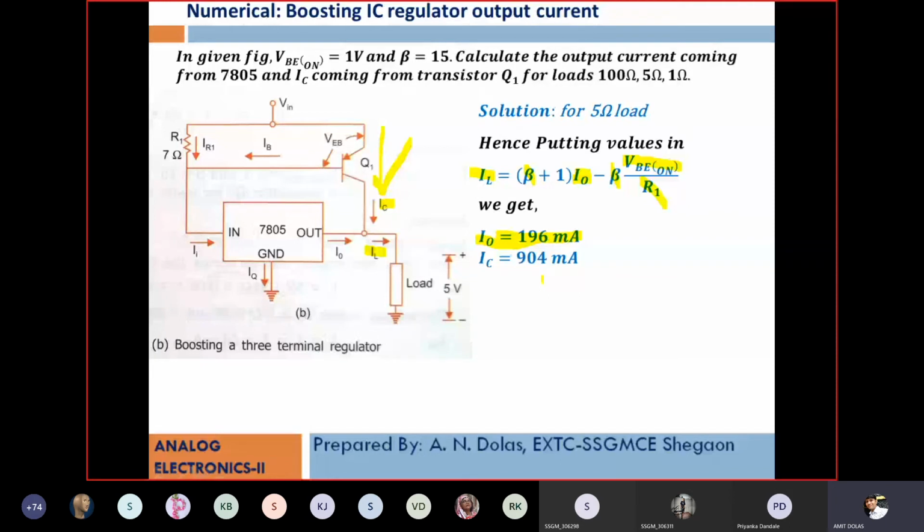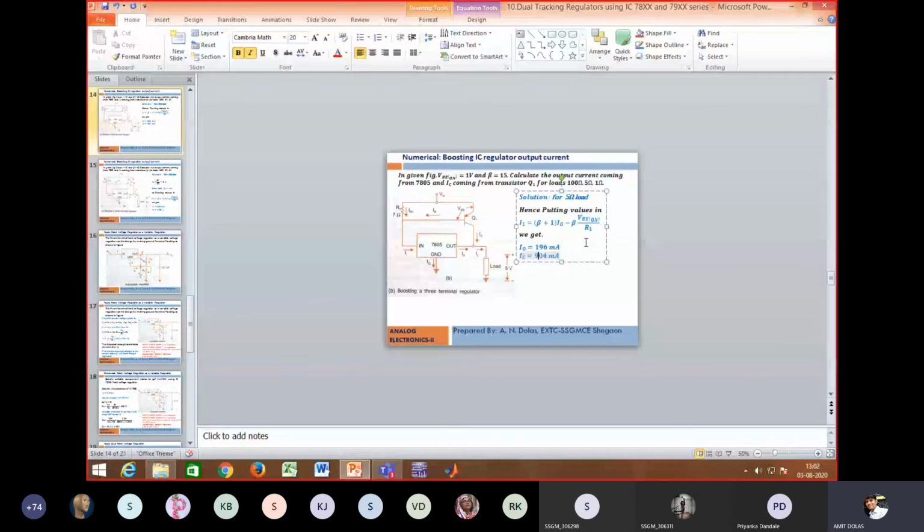Have I made a mistake? Let me check: 196 milliampere plus 804 is 1000, since the load current is 1000 milliampere.